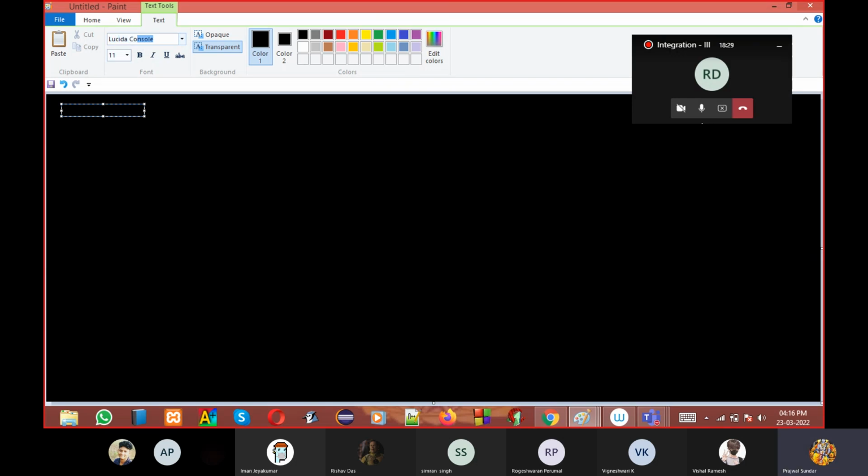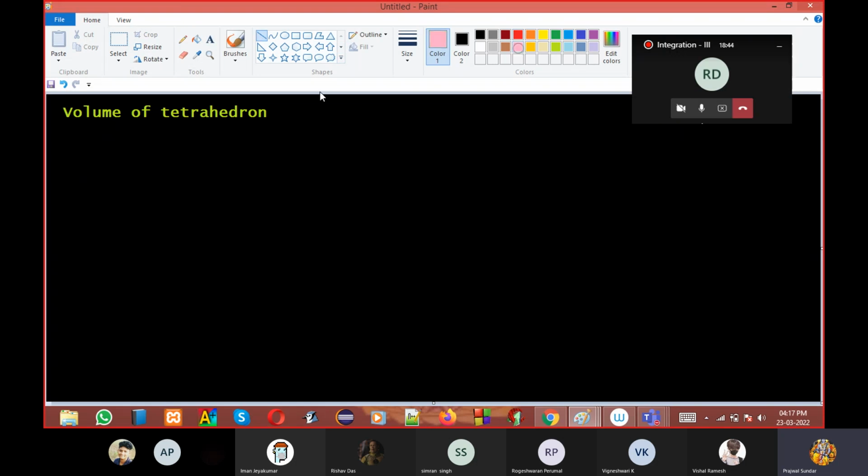Next we will see visualization of the tetrahedron. Volume of the tetrahedron: it is there in the ma'am's sheet.